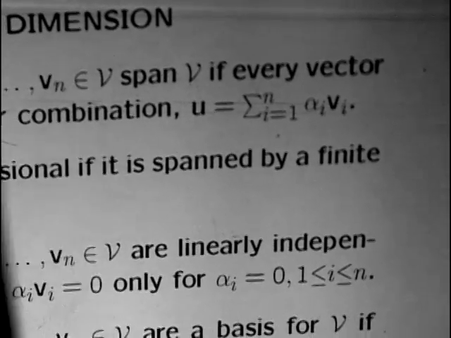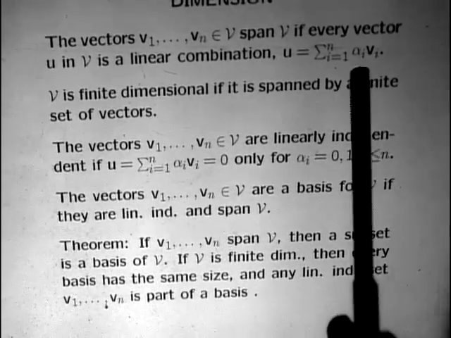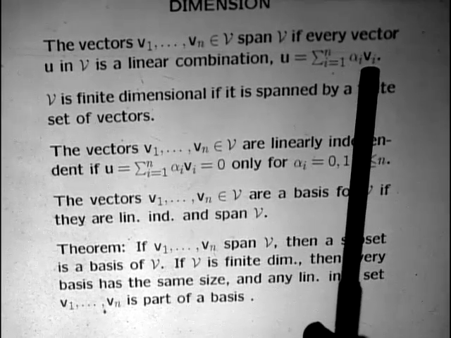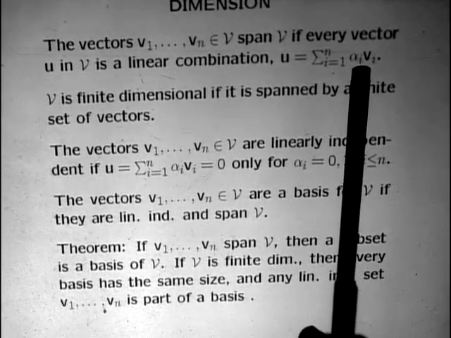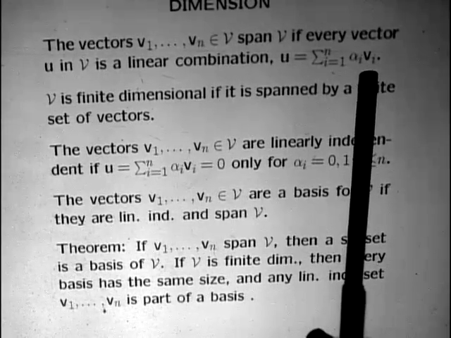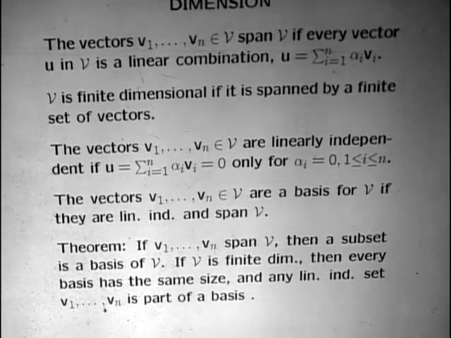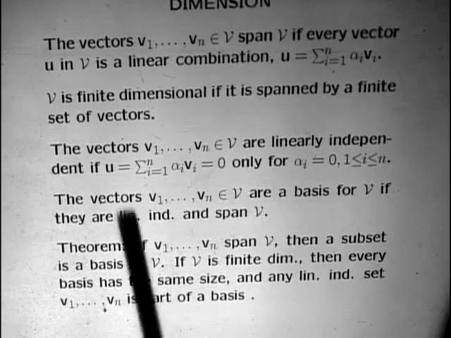So every one of these sums is a vector, and by definition, a set of vectors spans a vector space if every vector can be represented as some linear combination of them. In other words, there isn't something outside of here sitting there waiting to be discovered later. You really understand everything that's there.